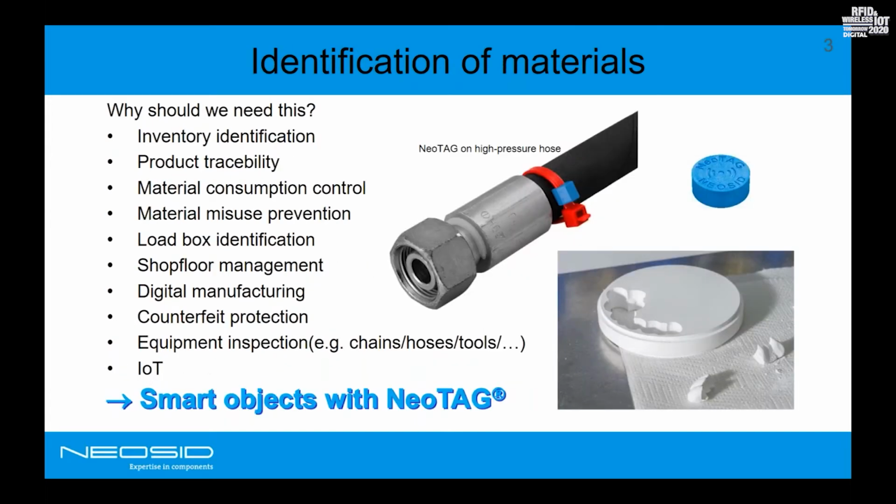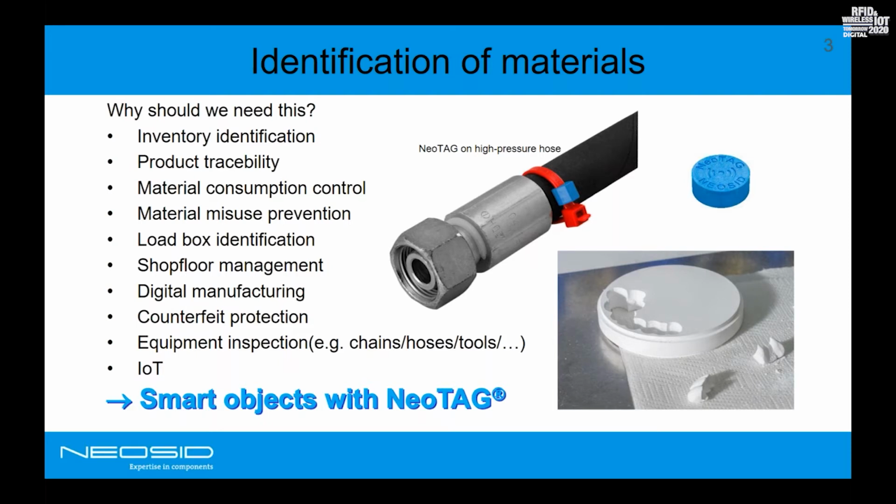Another possibility using RFID tags, NeoTAGs, is the identification of materials. So you can do inventory identification. An automatic reading process is used for recognition of them. You can do product traceability, material consumption control, and also material misuse prevention.